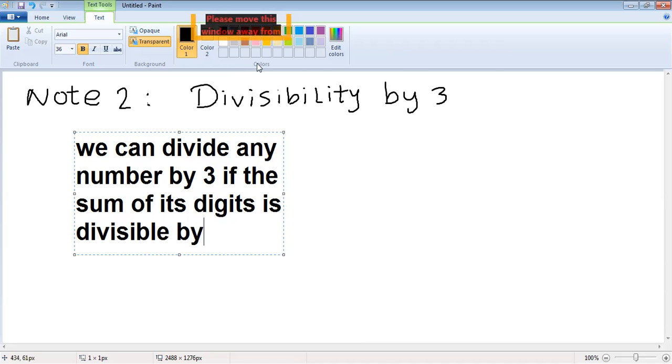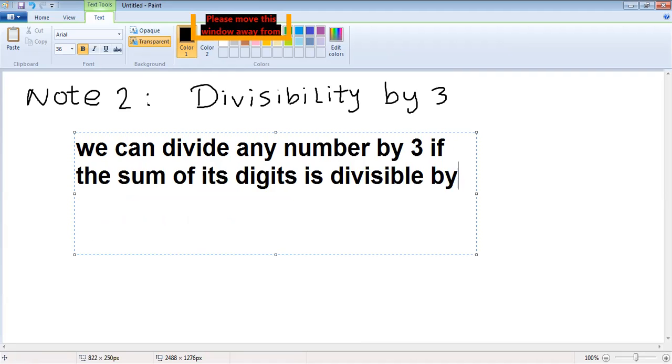What I mean by that, we can divide any number by 3 if the sum of its digits is divisible by 3. Okay? I'll give you an example for that and you will help me.